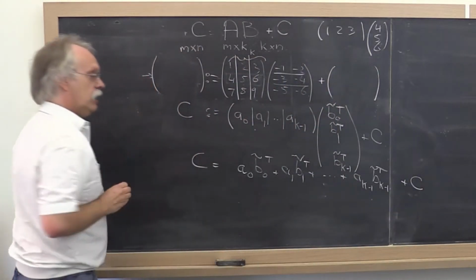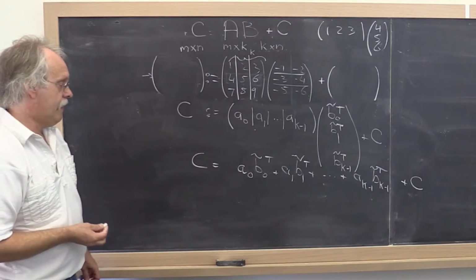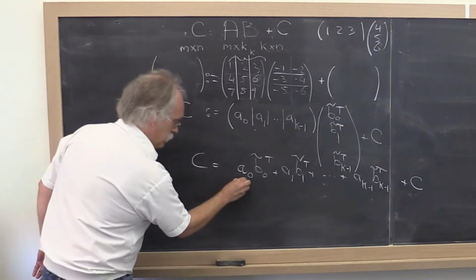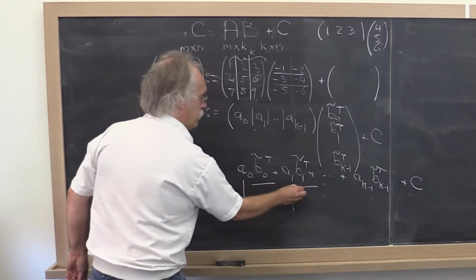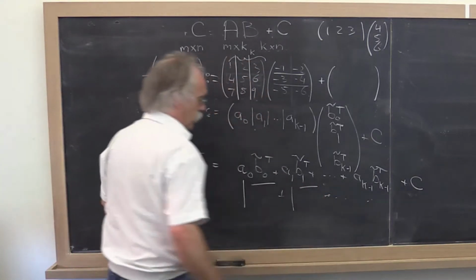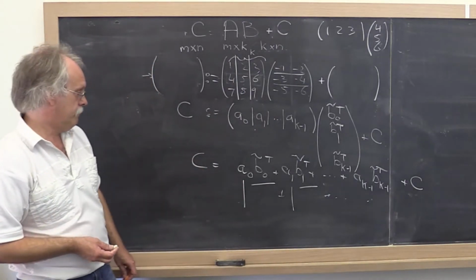And let's make that an equal here so that it's an assertion rather than a computation. Keep in mind, this is a column times a row, plus a column times a row, etc. And we looked at that operation carefully. That's a rank 1 update.